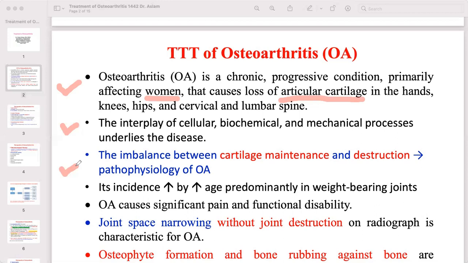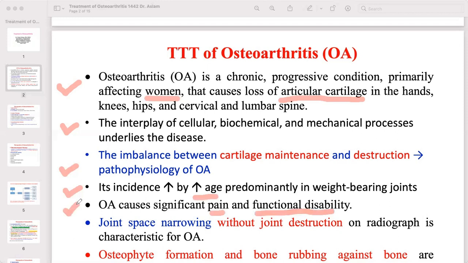Its incidence increases with advanced age, predominantly in weight-bearing joints. Osteoarthritis causes significant pain and functional disability.